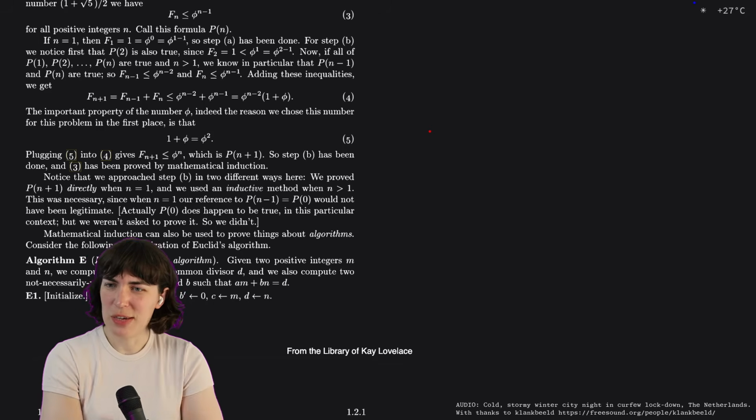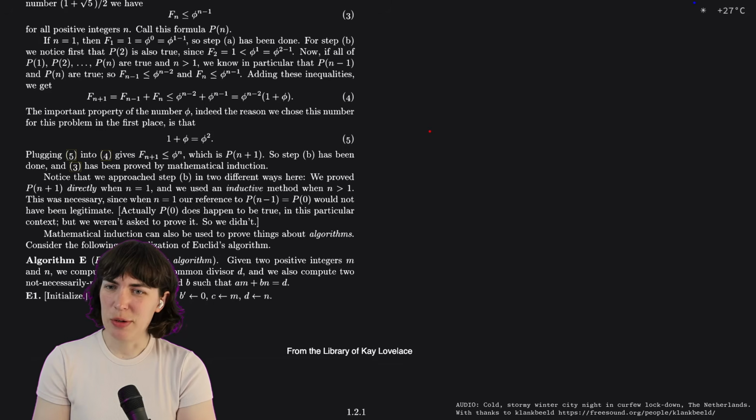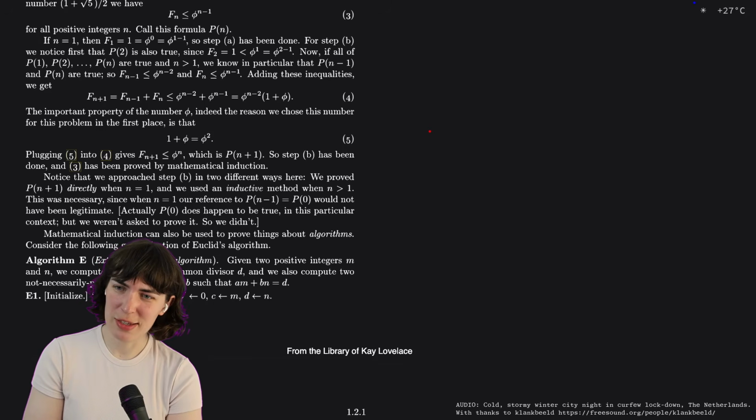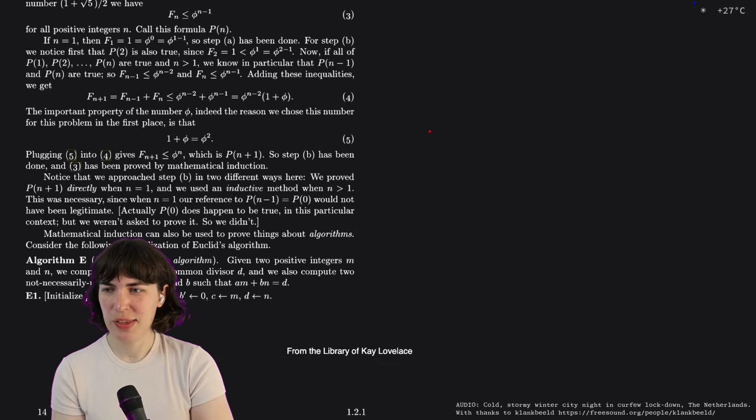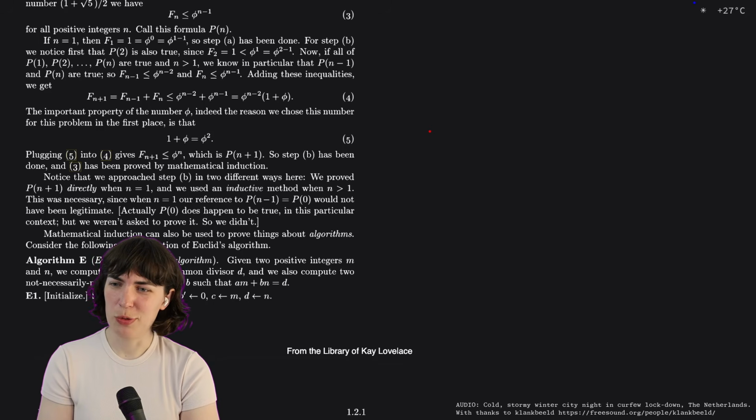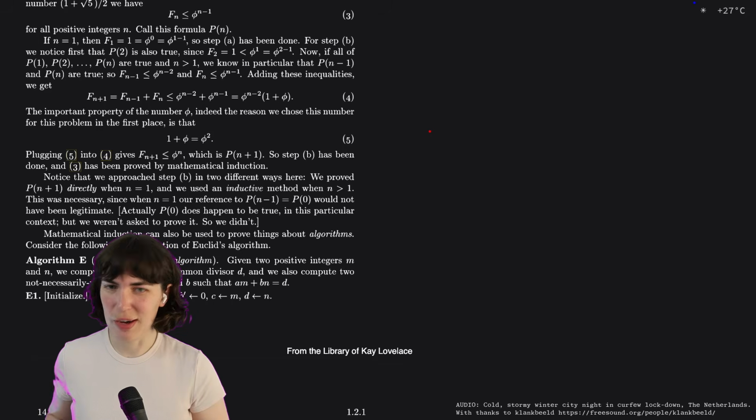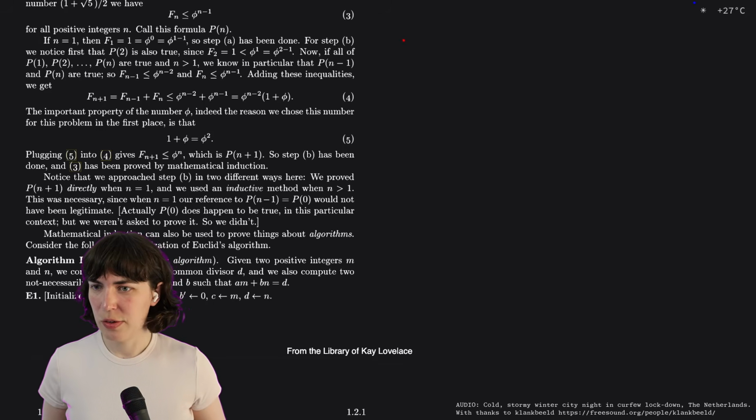The important property of the number phi, indeed the reason we chose this number for this problem in the first place, is that 1 plus phi is equal to phi squared. Plugging 5 into 4 gives fn plus 1 is less than phi to the power n. Okay, well let's try plugging 5 into 4, shall we? So where are we plugging it in?